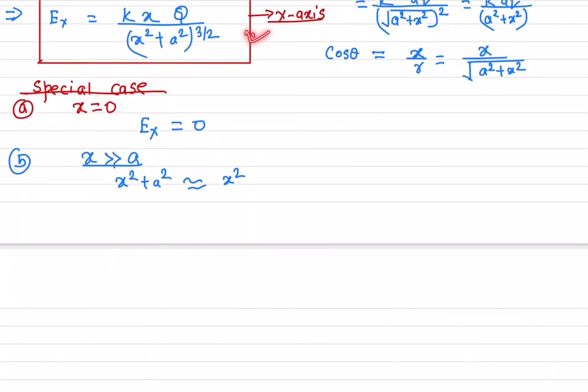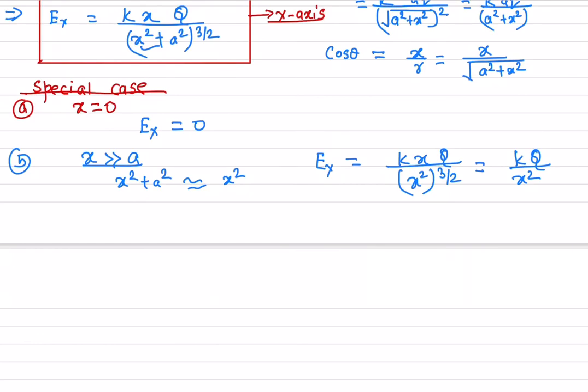So now we can write down this equation. The Ex would be simply equal to kqx, then x squared plus a squared will be simply equal to x squared, to the 3 over 2. This is equal to kq over x squared.